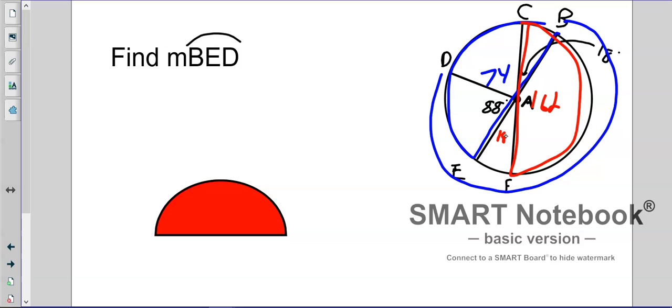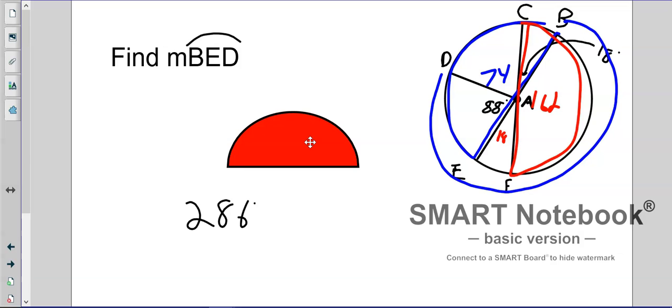Okay, so if we add all those together, 162 plus 18, which is 180, plus that 88, that will give us 268.